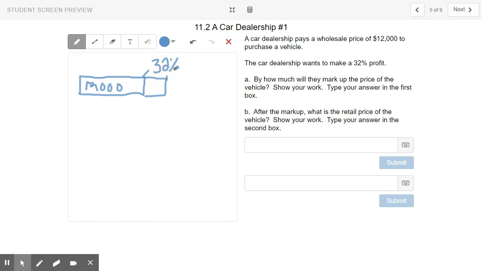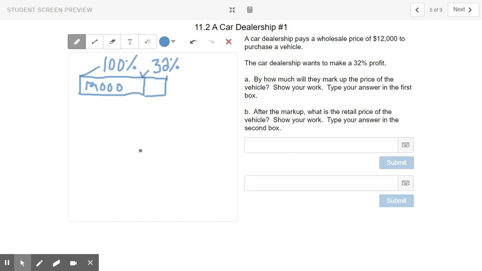So this is going to be their profit, how much they make off the vehicle. It's also important to note that the original amount, the $12,000 that they paid, is the original. It's the 100%, right? So the question here is, how much will they mark up the price of the vehicle? Show your work and type your answer in the first box.